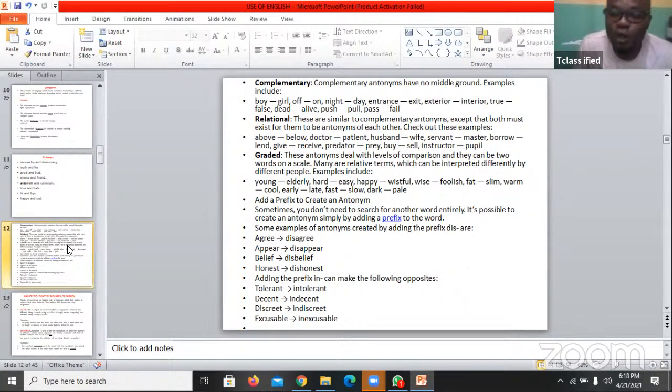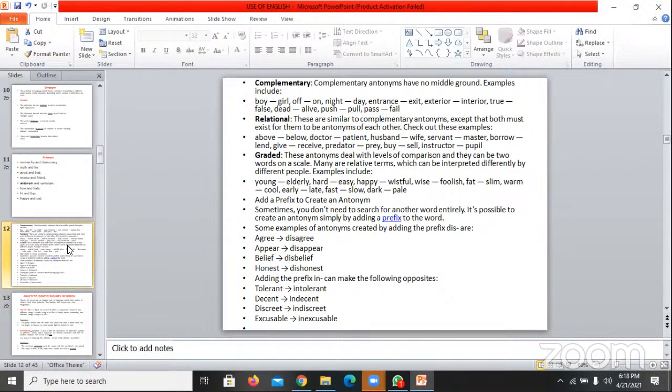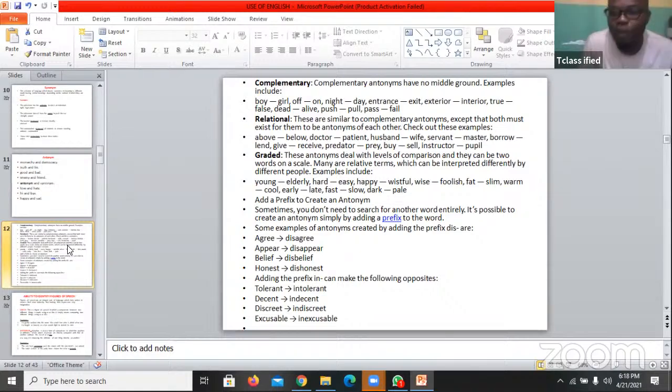So you also have what we call graded antonyms. It's either you're young or you're elderly. It's either you're hard or you're easy. It's either you are happy or you're wistful. It's either you're wise or you're foolish. It's either somebody is fat or slim, warm or cool, early or late, fast or slow, dark or pale. So all these are antonyms.